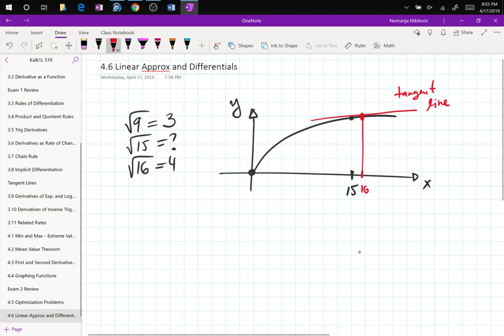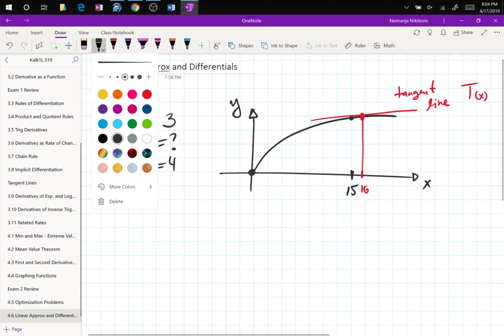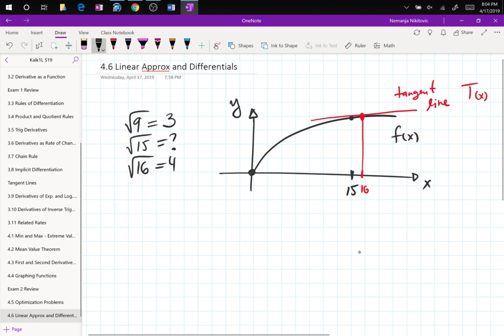So the goal is to ignore the point that you need to compute, and compute the tangent line at the closest point that you can compute. And then compute the point of interest on the tangent line rather than on the original function. So let's say the tangent line is some function t of x, and the black line is our f of x, which is the square root of x.